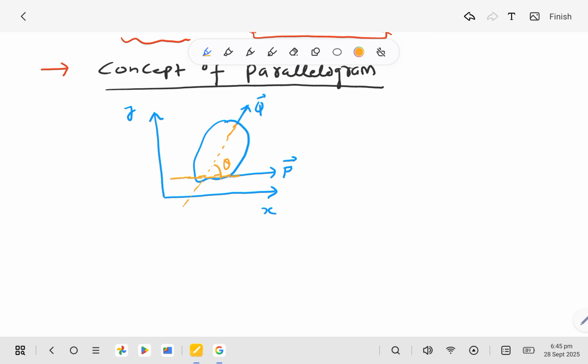So now if I convert this problem, this is the force P, and the intersection point is O, here.